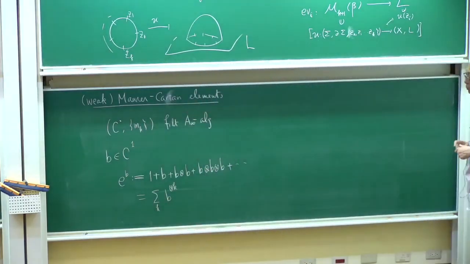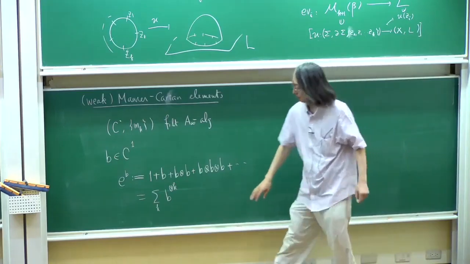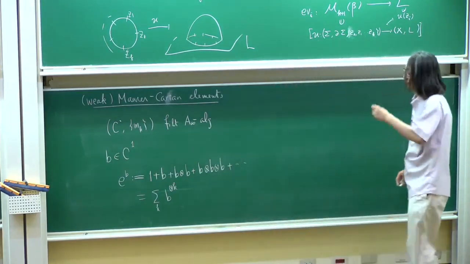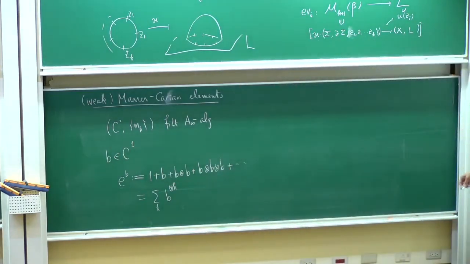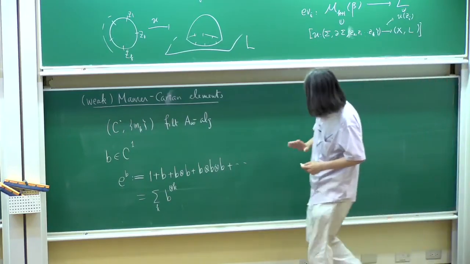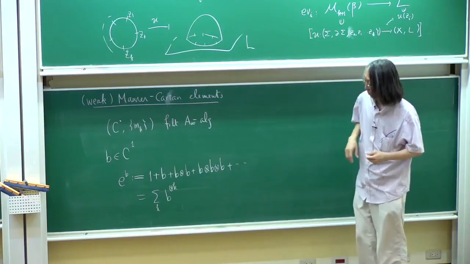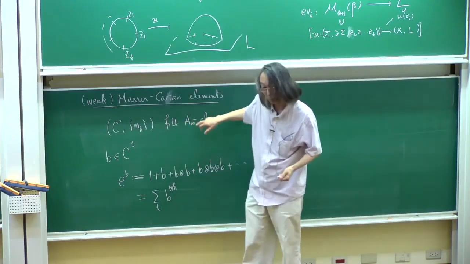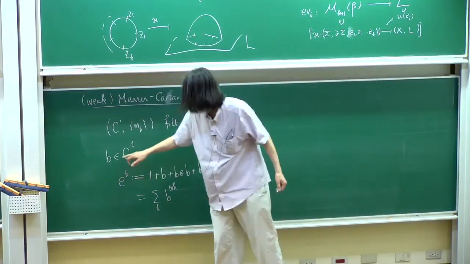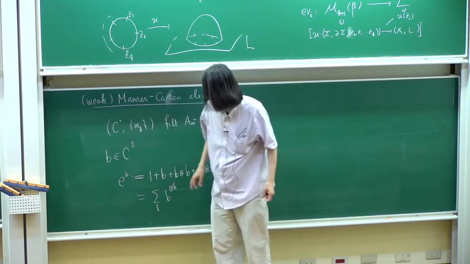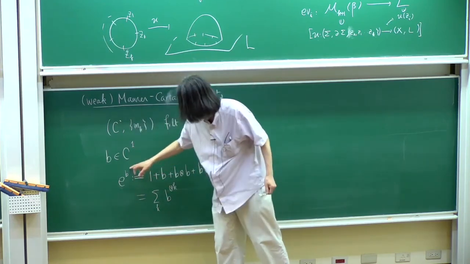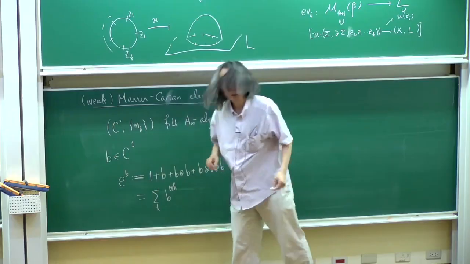It doesn't look like an exponential, but in some sense it is an exponential. Later I also use the usual exponential, so I don't know how to really distinguish them. But if I have an infinity algebra and take an element b from C^1, and write e to the power b, then this always means this.